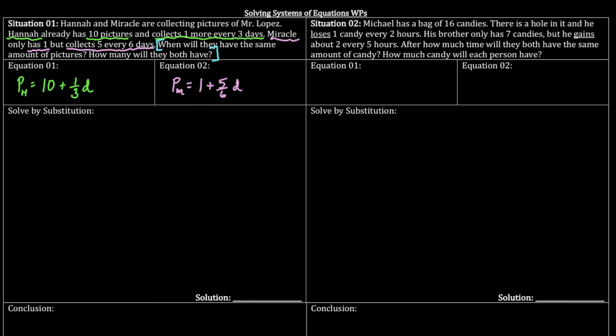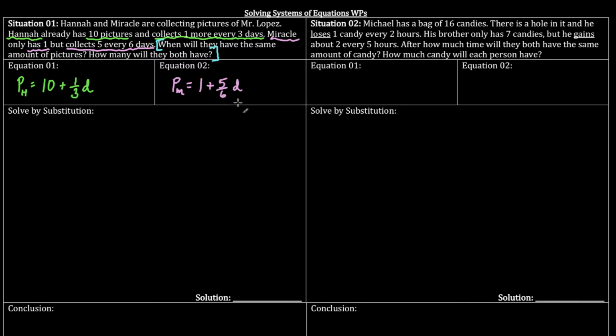So let's go ahead and solve this. The number of pictures for Hannah is 10 plus 1/3 D. And the pictures for Miracle are 1 plus 5/6 D.